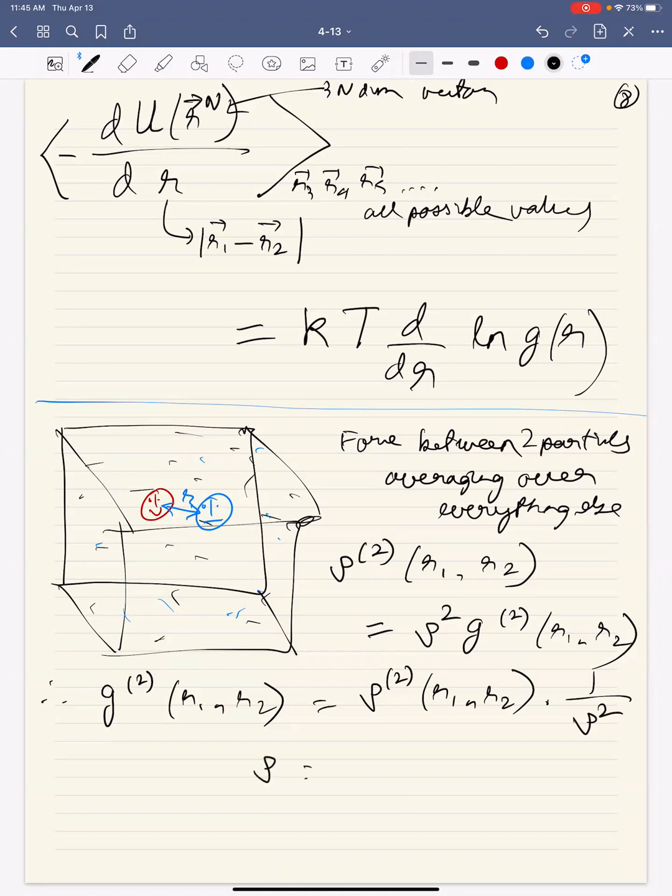What is rho? Rho is N by V, number of particles in a given volume. Yeah, so that's rho. Let's call this equation 1. Let's call this equation 2. Let's go to the next page.